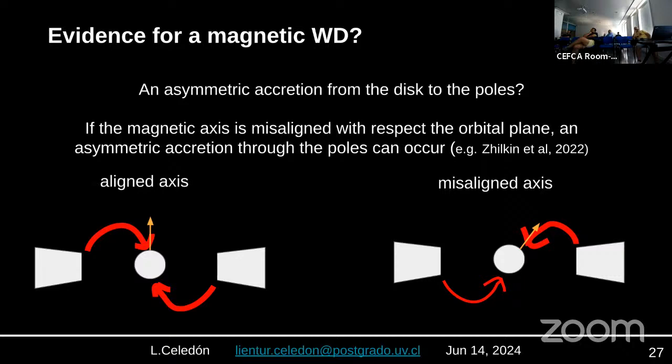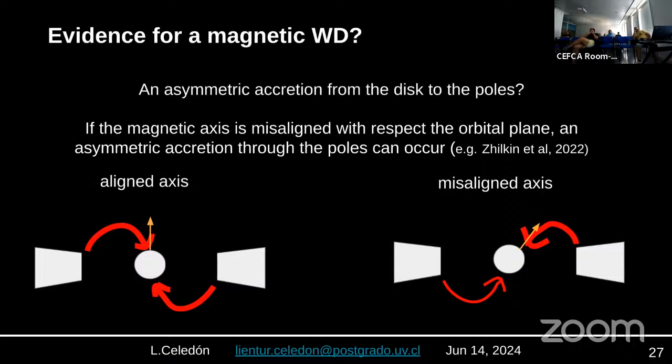But if the magnetic axis is misaligned with respect to the orbital plane, it is possible that one of the poles possesses more material than the other, effectively producing an asymmetry in the accretion that could eventually be reflected in asymmetry during the ejection.